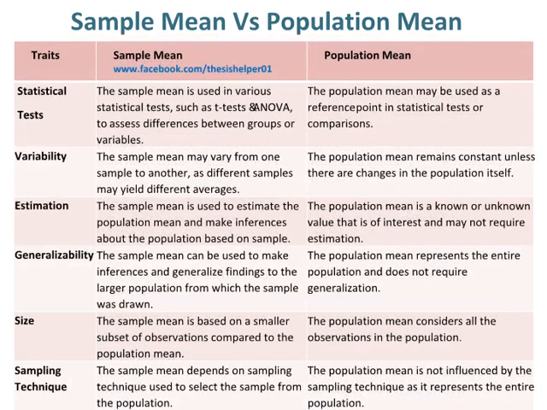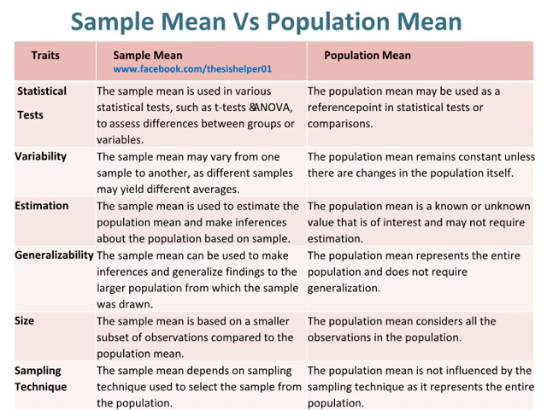The sample mean is used in various statistical tests, such as t-tests and ANOVA, to assess differences between groups or variables. Whereas, the population mean may be used as a reference point in statistical tests or comparisons. The sample mean may vary from one sample to another, as different samples may yield different averages.